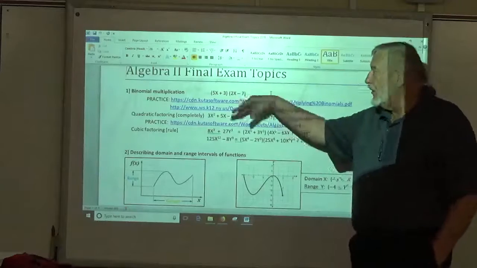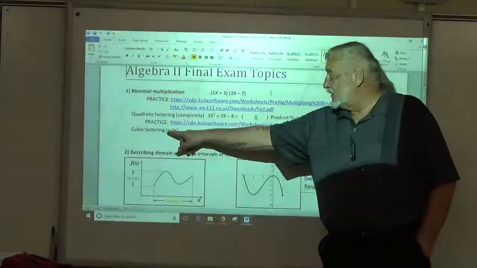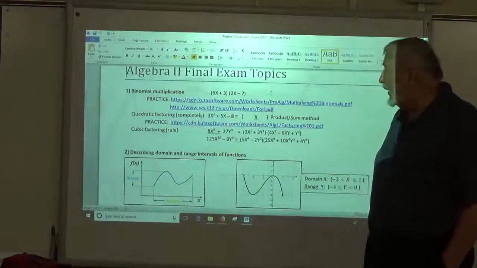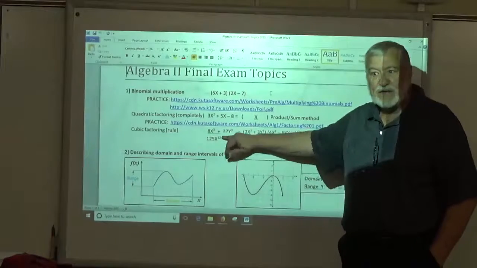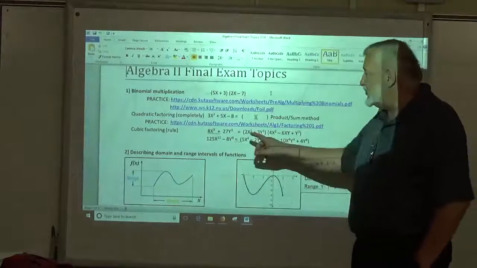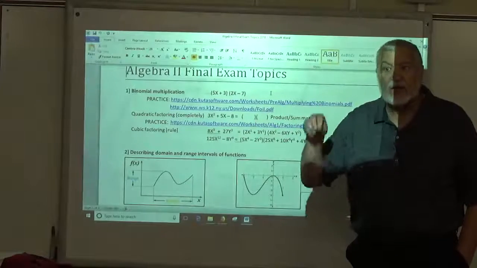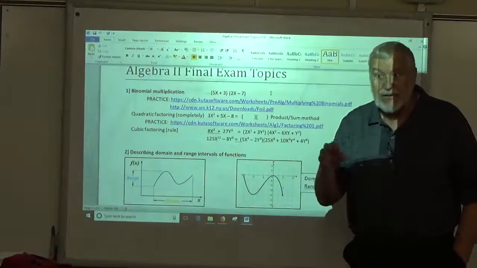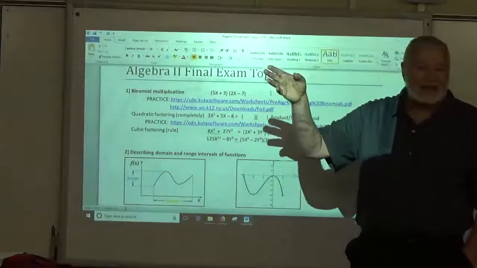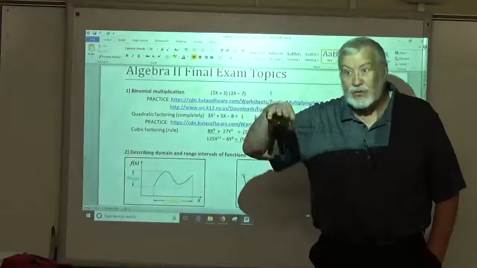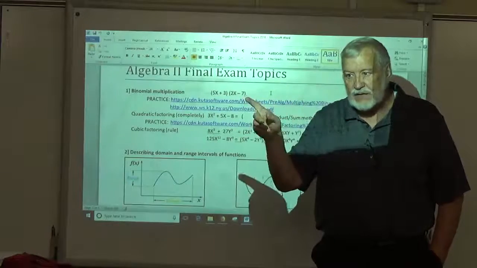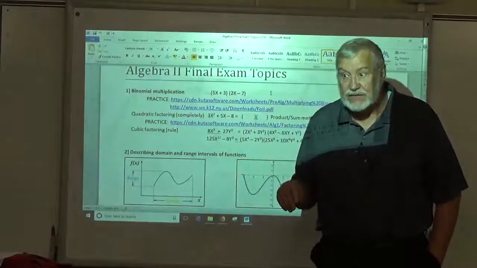Okay, now, the third type of factoring is the cubic factoring. Now, I have put two examples on this handout that show a hard cubic factoring problem. Because if it's just x and y, or x cubed and y cubed, when you're factoring it, you're not looking at the numbers, you're just looking at the exponents.